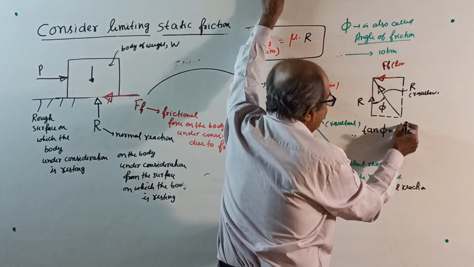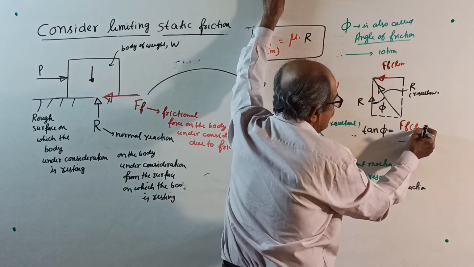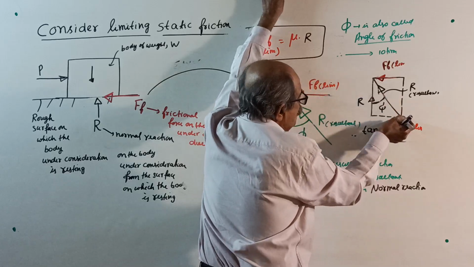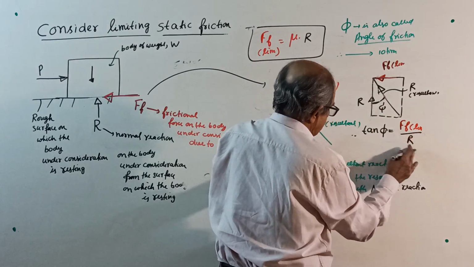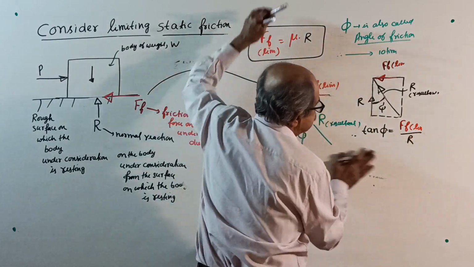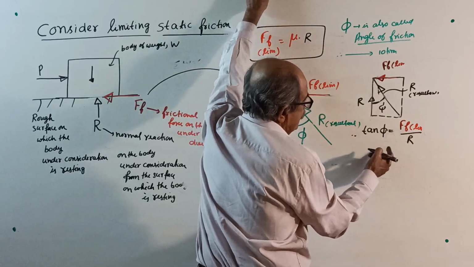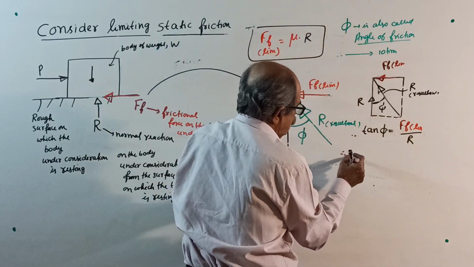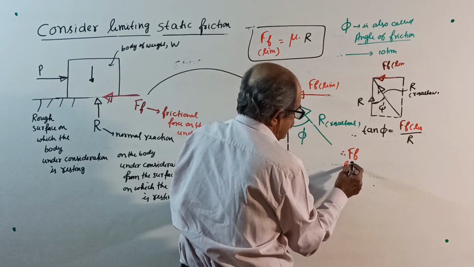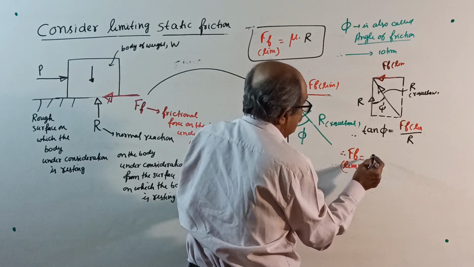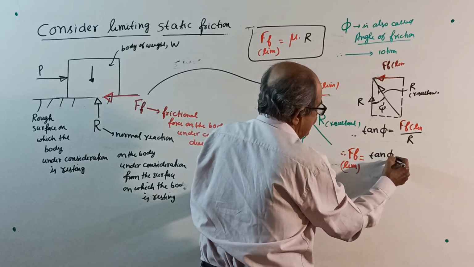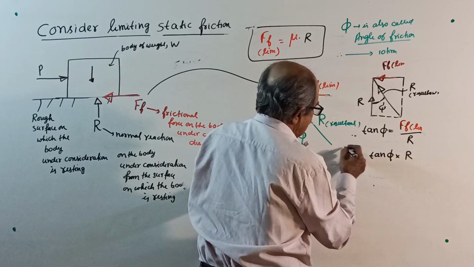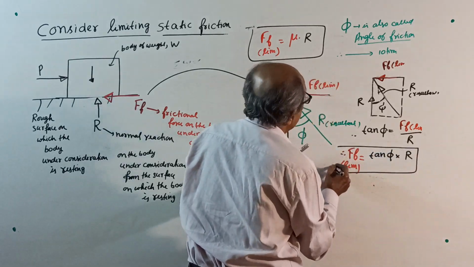So tan phi equal to FF limit by R, normal reaction. Or you can tell FF limit equal to tan phi into normal reaction R.